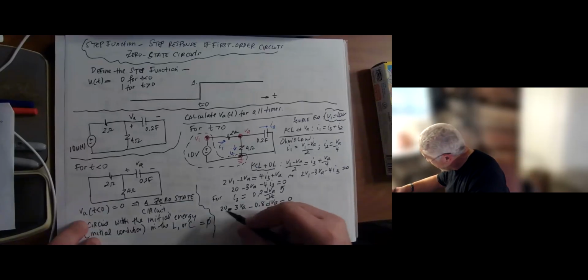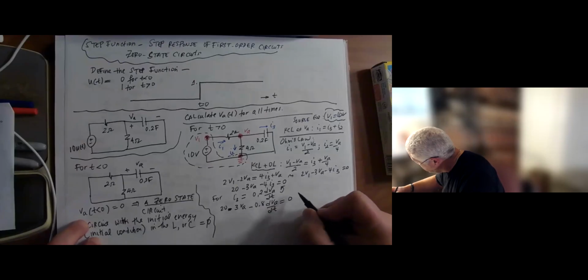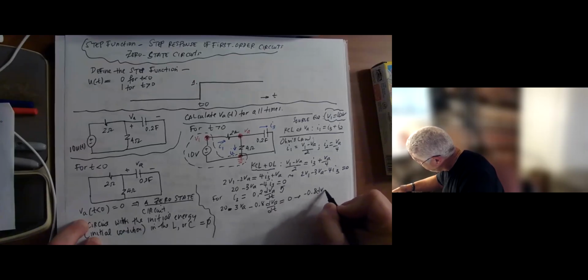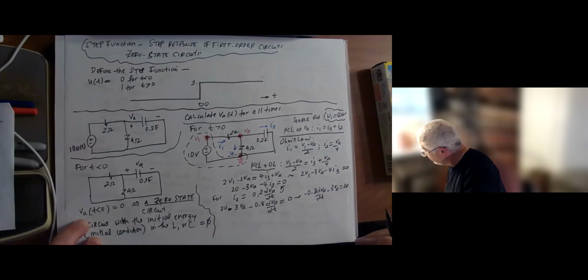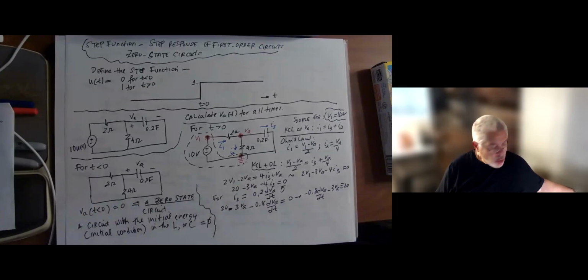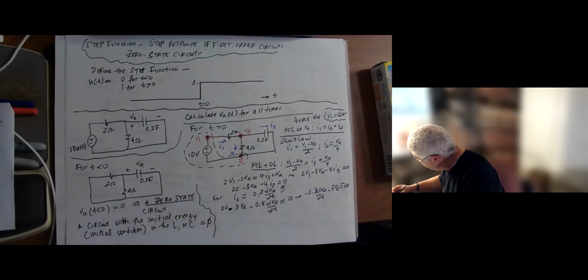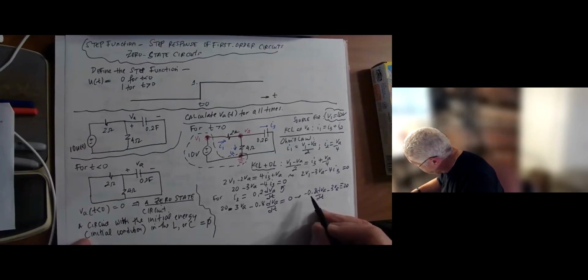Essentially, I can send the 20 to the other side. So we get minus 0.8 dVA/dt minus 3VA equals minus 20. The normalized differential equation is obtained by dividing everything by minus 0.8.